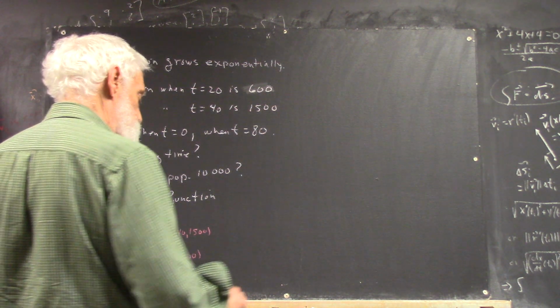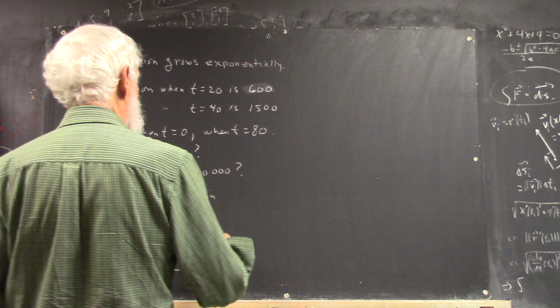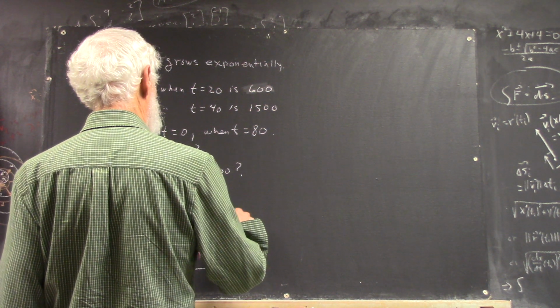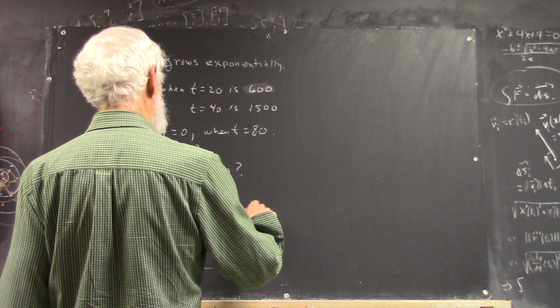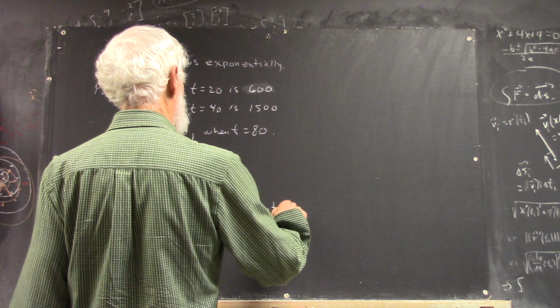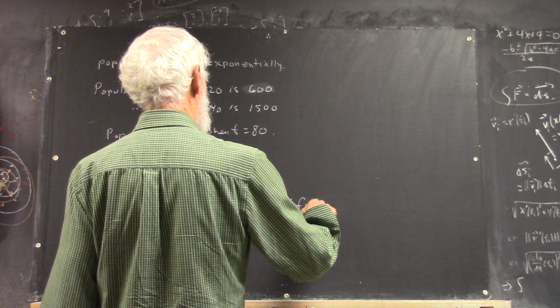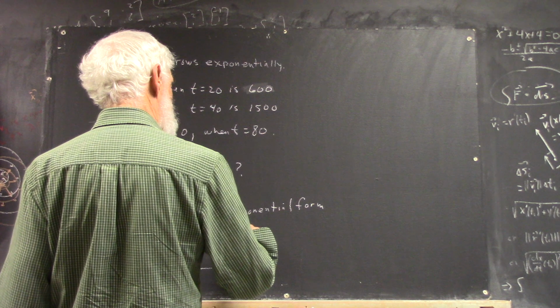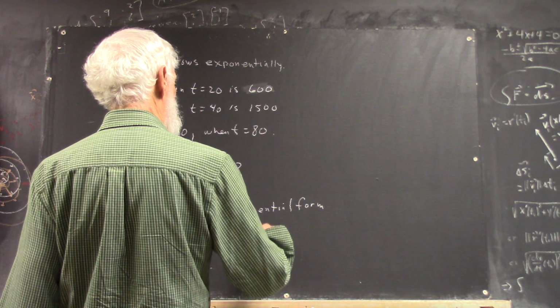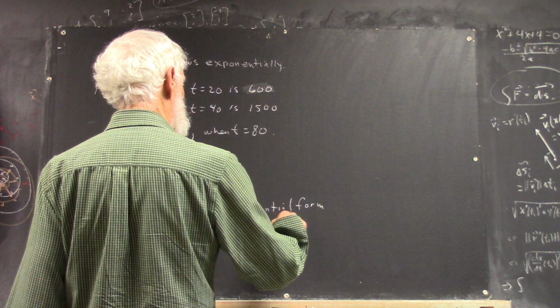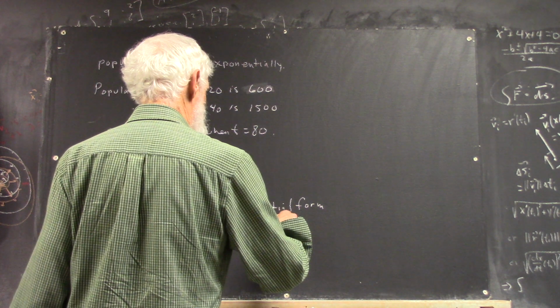Okay? Now, the exponential form, the general exponential form that we prefer to use for this kind of thing is y equals a times b to the x.